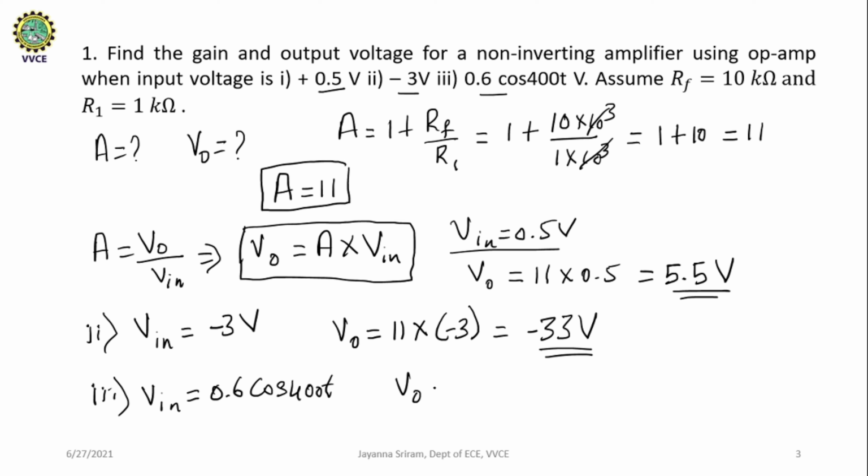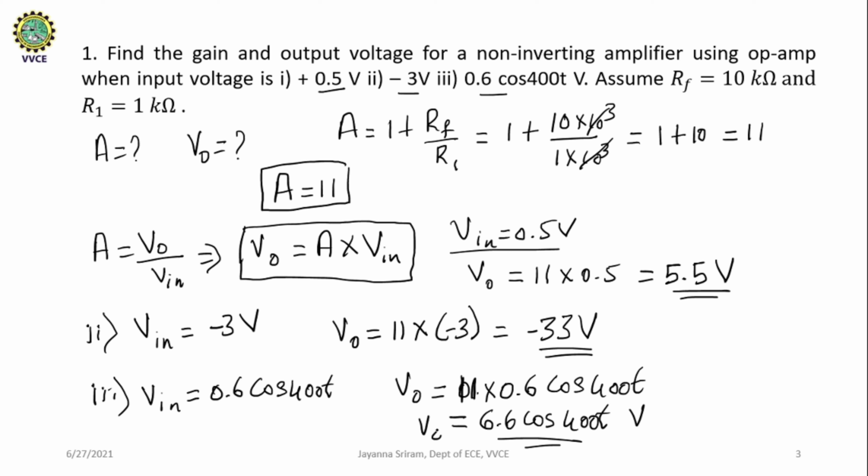So V out will be equal to the gain, 11, into 0.6 cos 400t. So we are going to get 6.6 cos 400t volts as the output when the input voltage is 0.6 cos 400t. This is the solution to this problem.